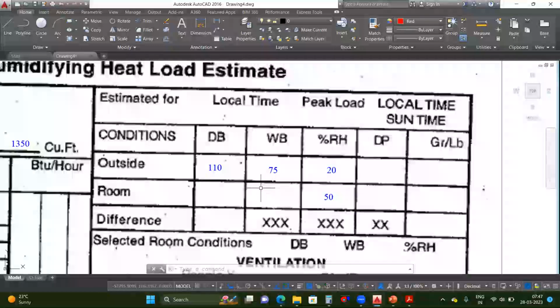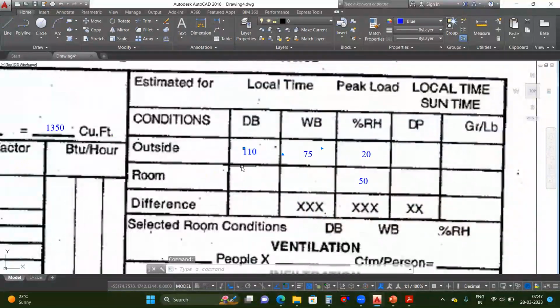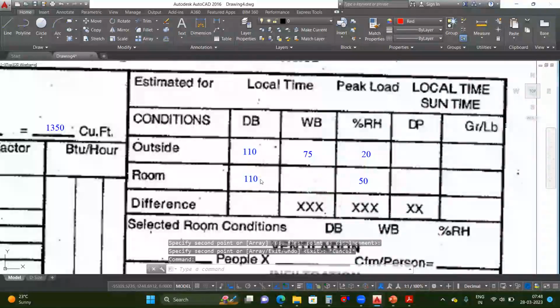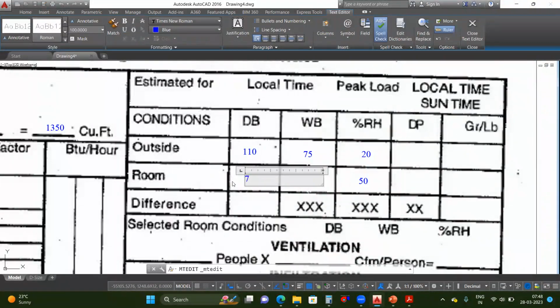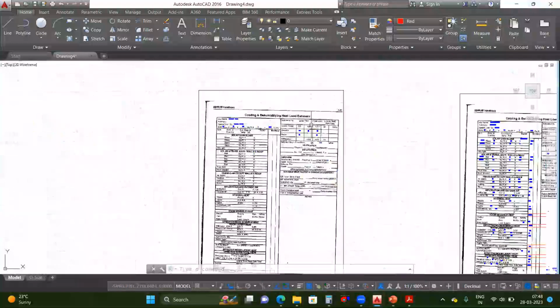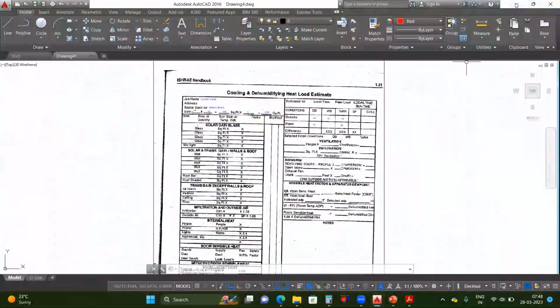I will take it as 75. If we know two values, we can find out the rest of the values. So first we'll find out the outside design values, and next we'll derive the room conditions.